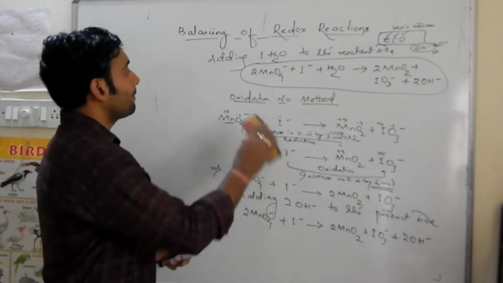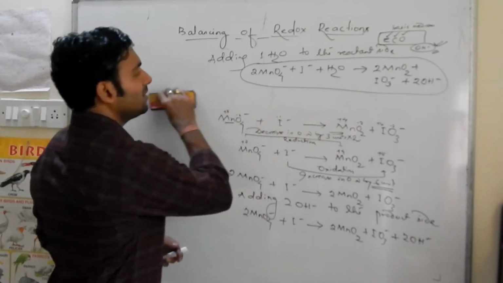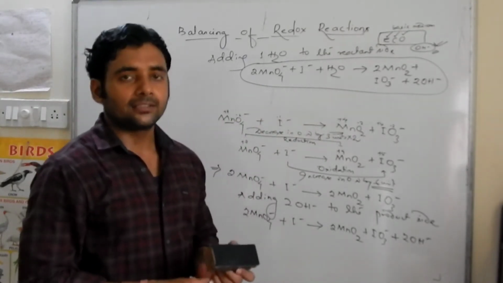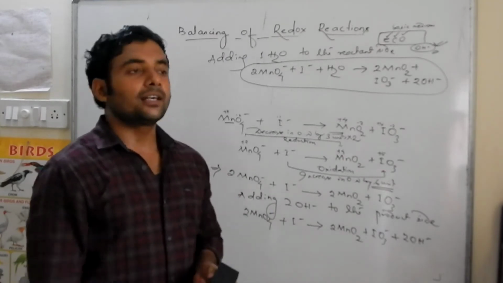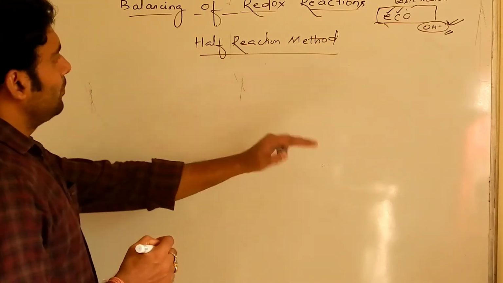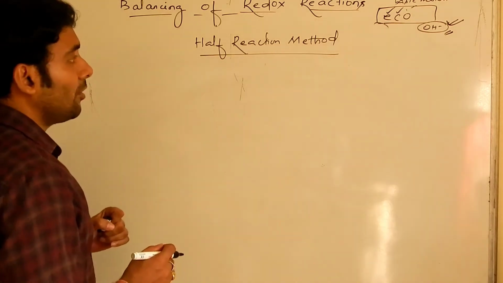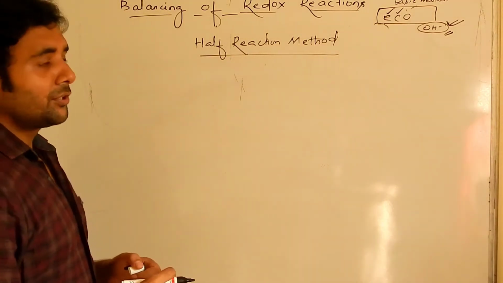Then for the ion electron method, the same strategy we have to apply. We have to split the reaction into 2 half reactions, oxidation half and reduction half. Now we will balance the same equation by the half reaction method, or the other name is ion electron method.